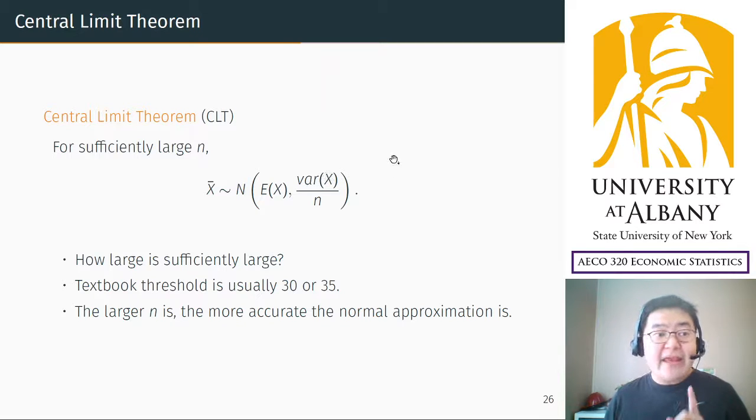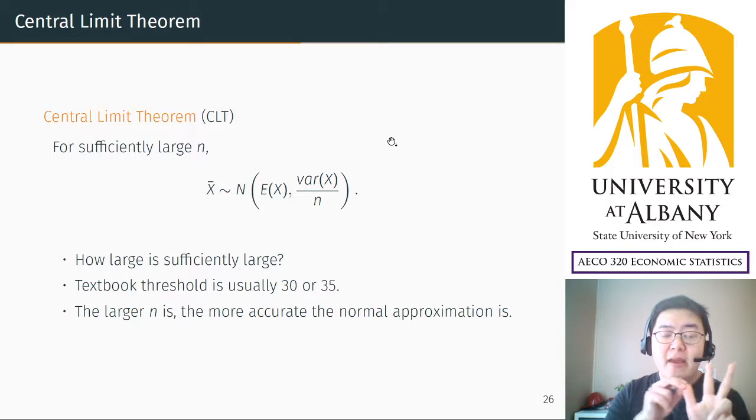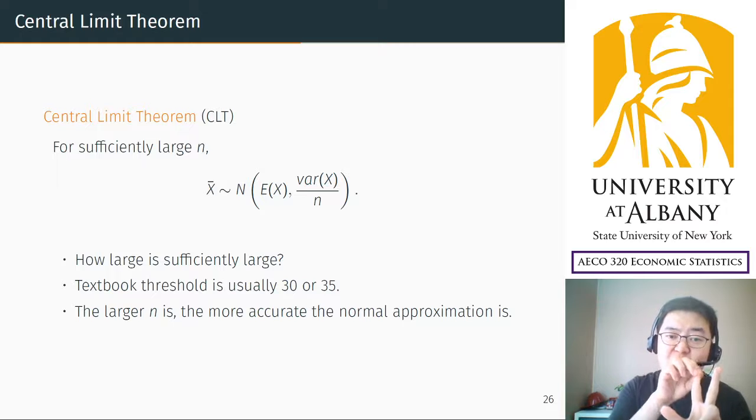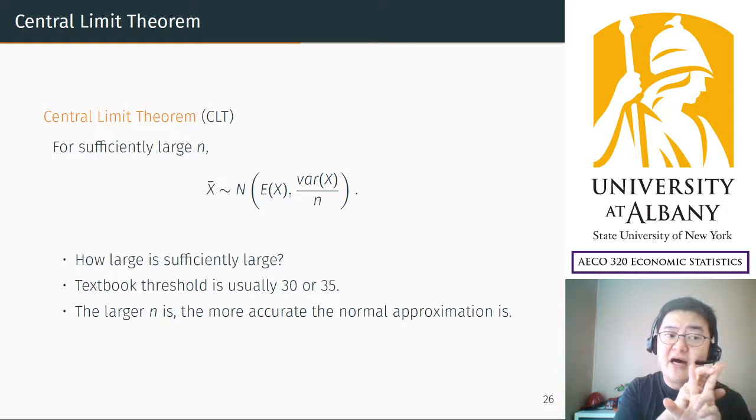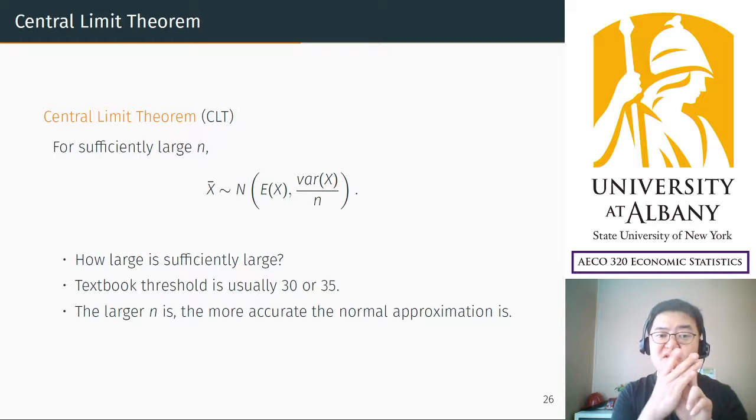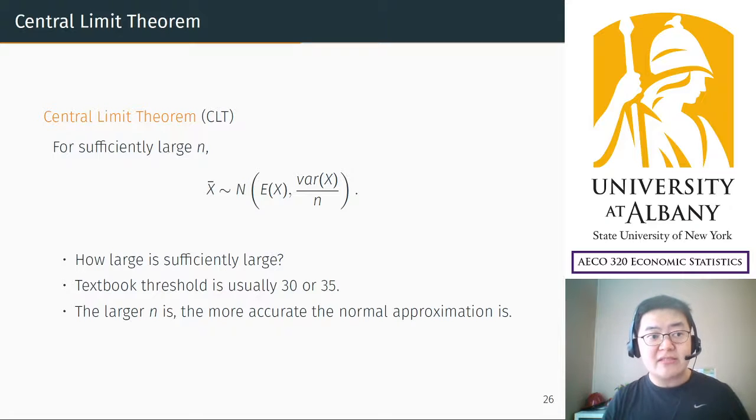So we need three conditions. If you know the mean of a single observation, and if you know the variance of a single observation, and if you have a sufficiently large sample size, under these three assumptions, you know everything about the sampling distribution. That's what this theorem says.